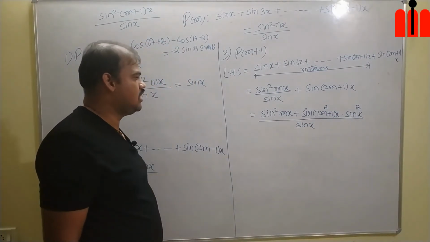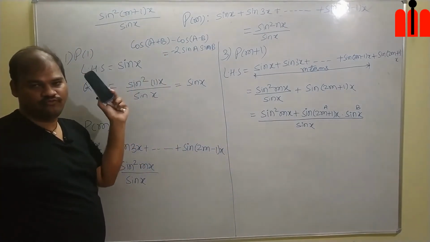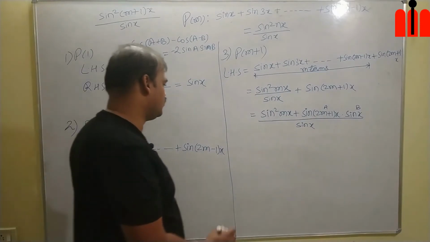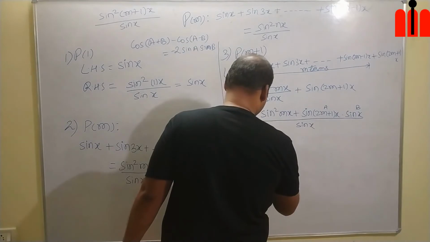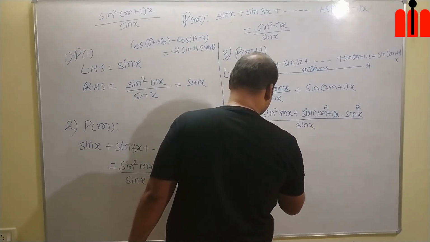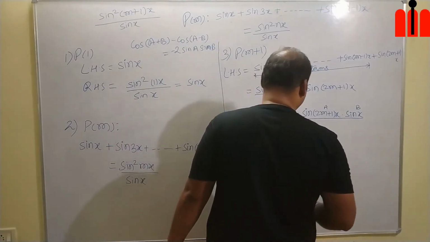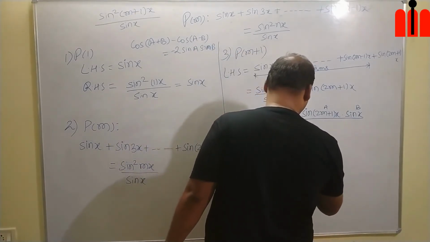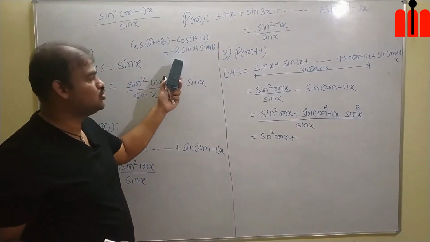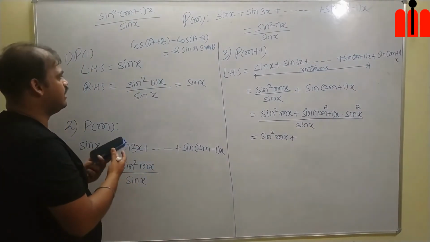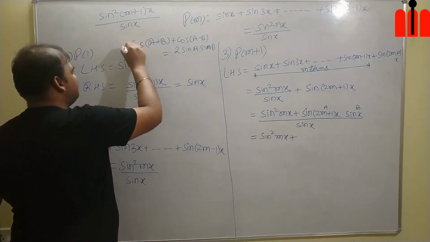With this we will come up with the cos (a plus b) form. So how to come up with that? You see here, sine square mx plus, here it is minus 2. So let's remove minus here and make it plus here and minus here.